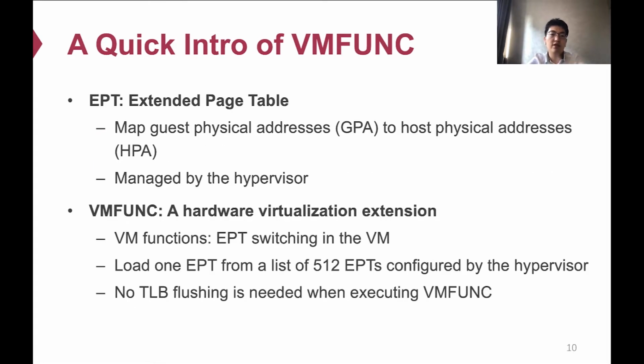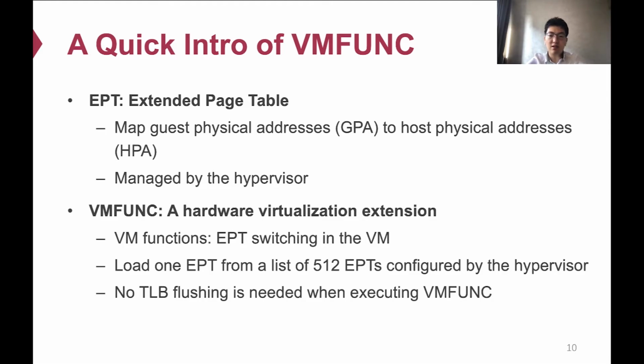Here is a quick introduction to VMFUNC. As we know, Intel hardware virtualization employs EPT for memory virtualization. For a virtual machine, the page tables inside the VM map guest virtual addresses to guest physical addresses, while the EPT maps GPAs to host physical addresses.